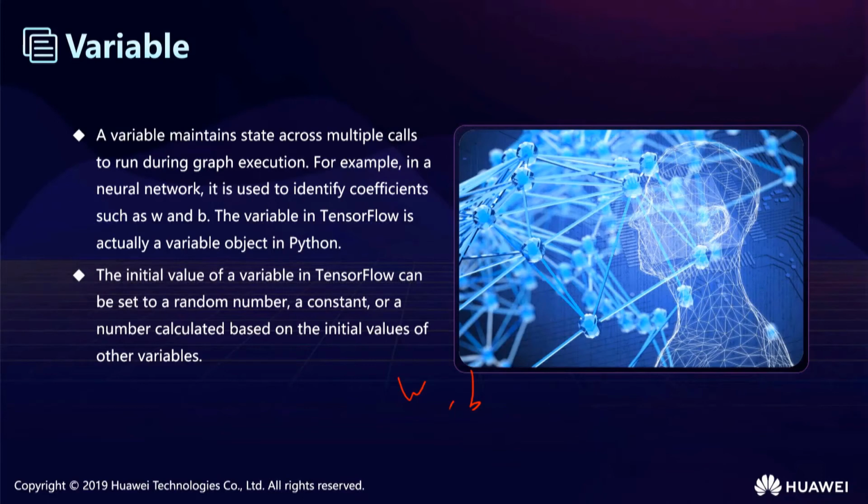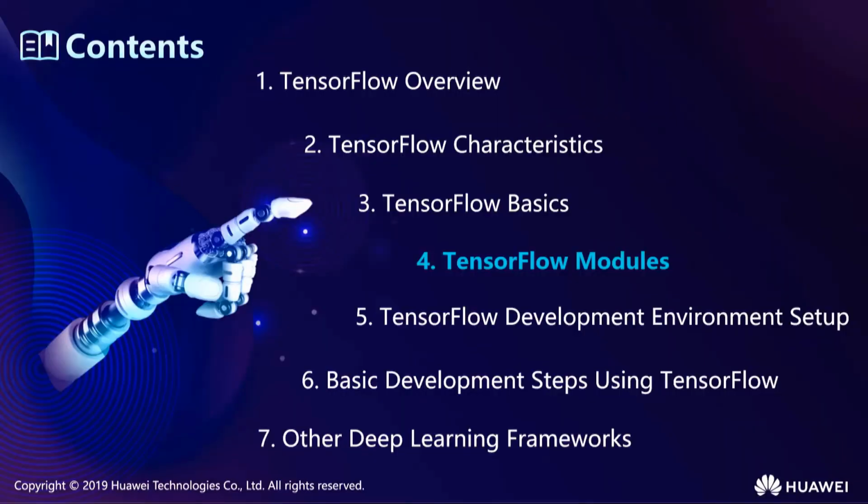When we instantiate a Variable in TensorFlow, we can set it to random numbers, a constant, or a value calculated based on the initial value of other variables. Note that because the bottom framework is written in the C++ language, we need to declare variable types before we use it. Now we have the general impression of TensorFlow.